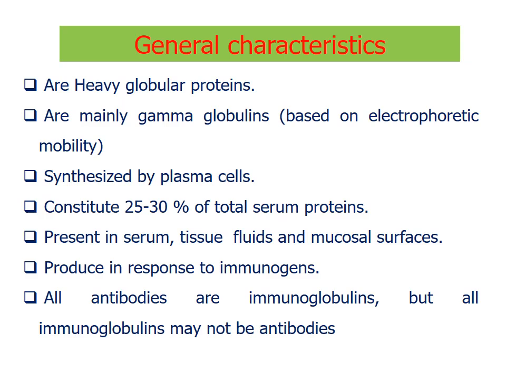And two extra points are that they constitute 25 to 30% of the total serum proteins and are present in the body secretions, in serum, in tissue fluids, in mucosal surfaces, etc. So these are the general characteristics of immunoglobulin.